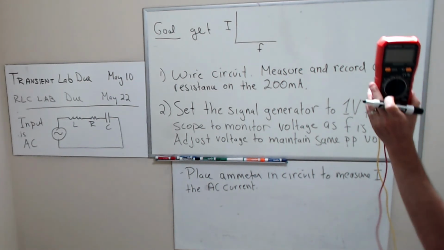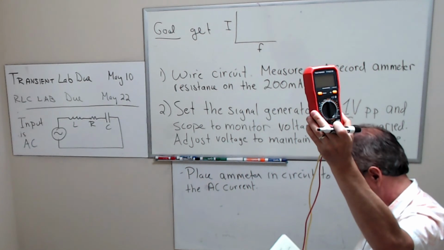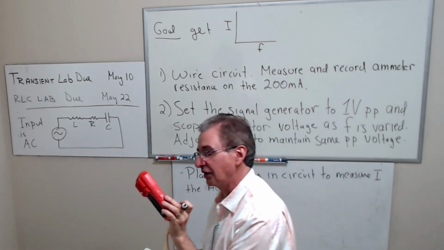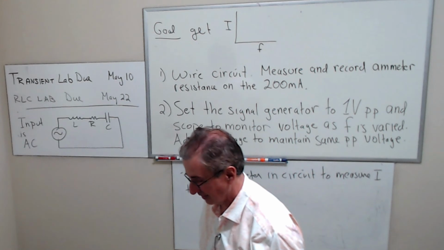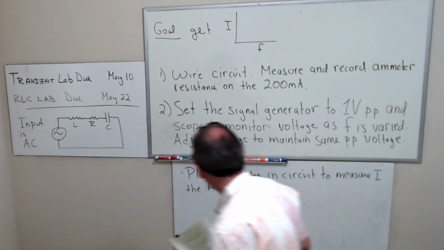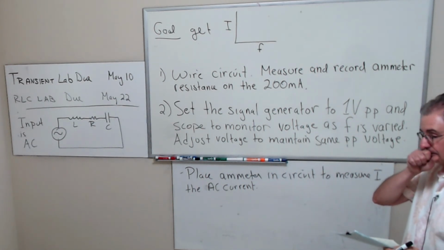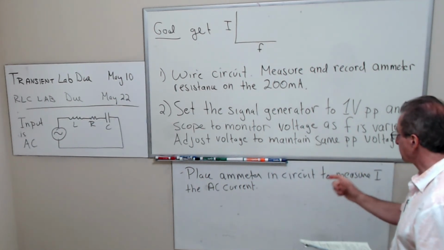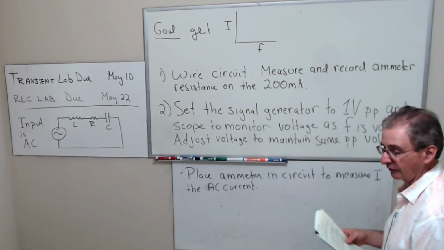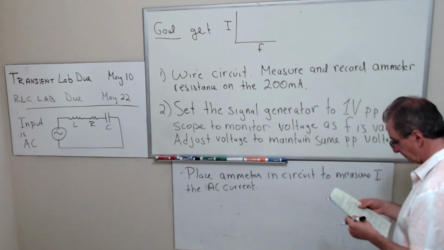Do you guys know where the AC settings are on this thing? Isn't it the little squiggly line? Yeah, so it's all the orange stuff, right? Good. Everything that's in orange is AC. And the multimeter doesn't measure instantaneous voltage or current. It measures some sort of average, which we will discuss in lecture.